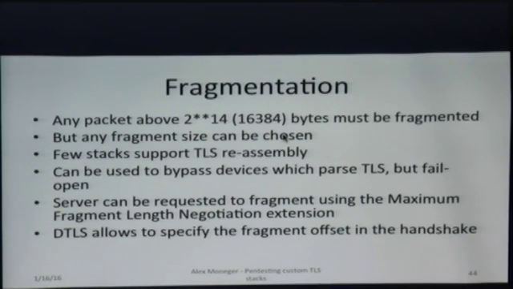And that kicks in generally just before the certificates are sent. So you could potentially ask your server to fragment the certificates again when passing them back to you, which would possibly defeat the middle box, right? And again, as I was saying, DTLS allows you to specify the fragment offset. So you can send a chunk, and then have an offset which starts within the chunk again, and so you can overlap data using DTLS.